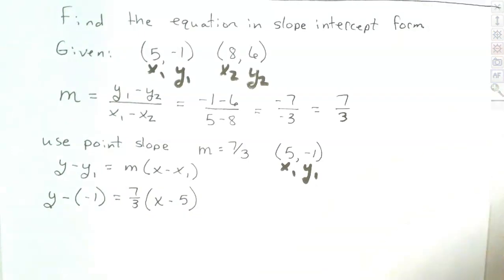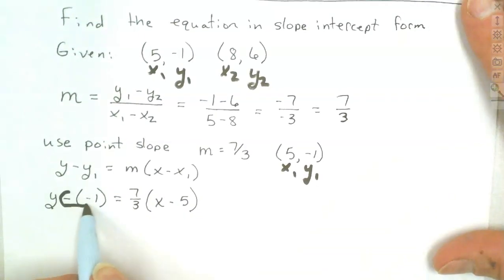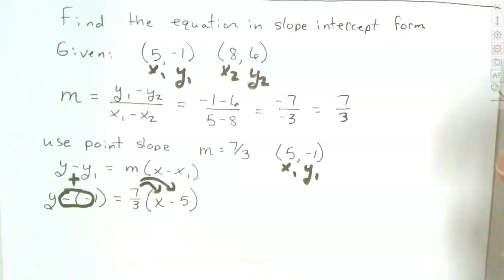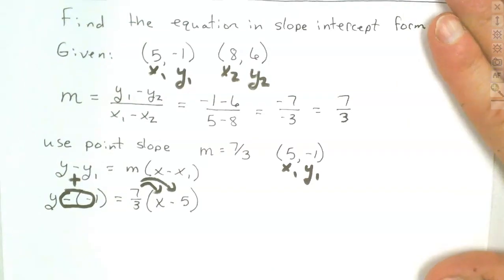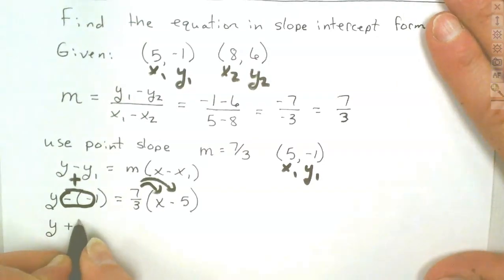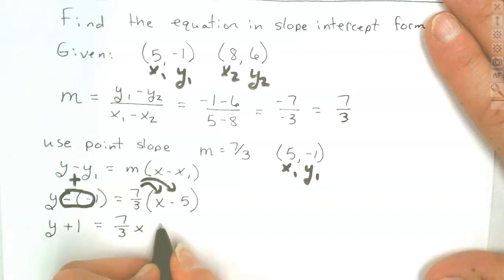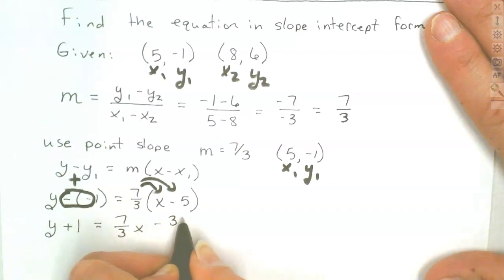Double negative makes it a positive 1 here. And this one gets distributed through. So now we've got y plus 1 equals 7/3 x. And 7 times a negative 5, well, that's a negative 35 over 3.